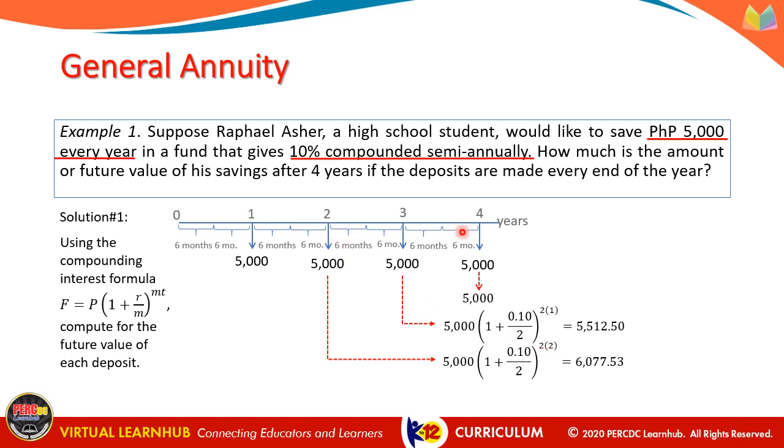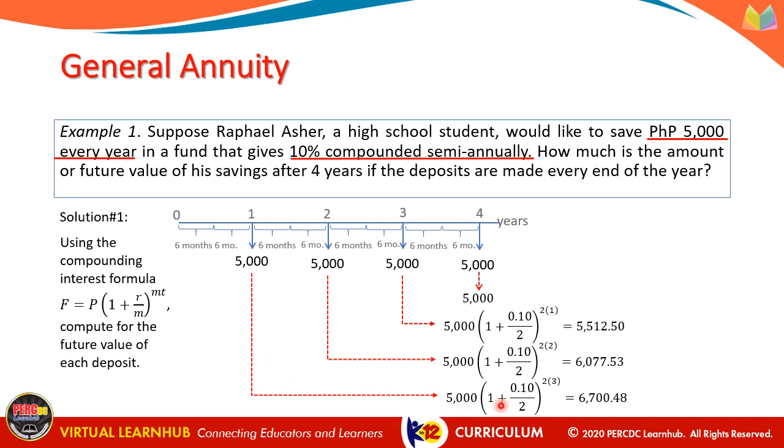That refers to the 4 semi-annuals between end of second year and end of fourth year. Pressing this in our calculator, we will have 6,077.53, right?